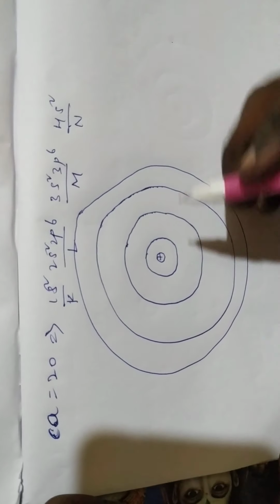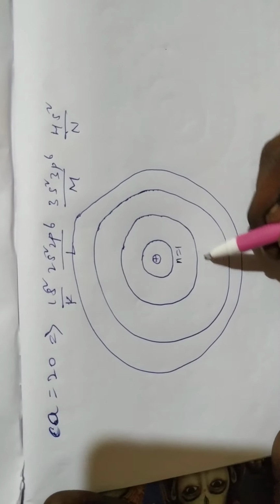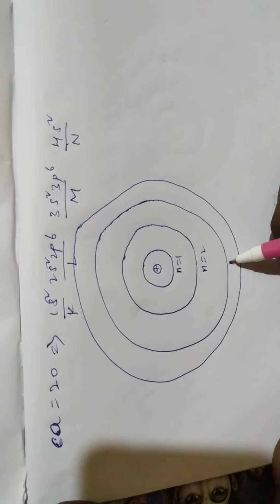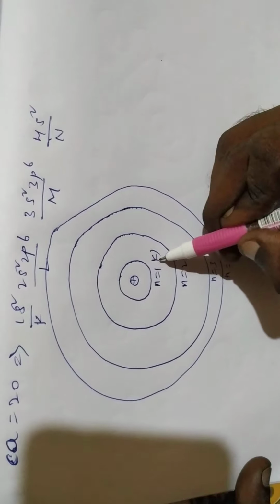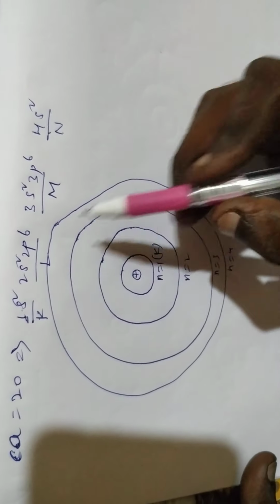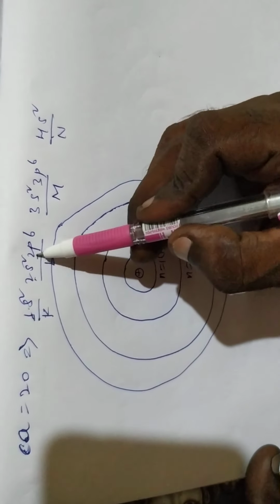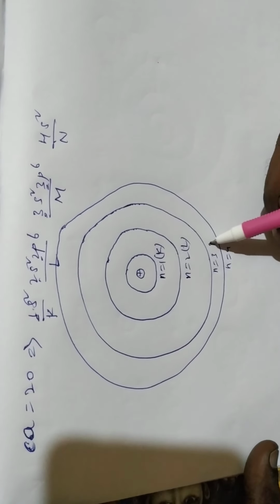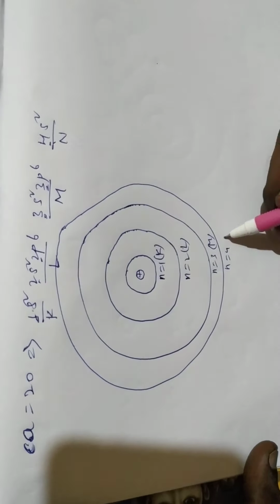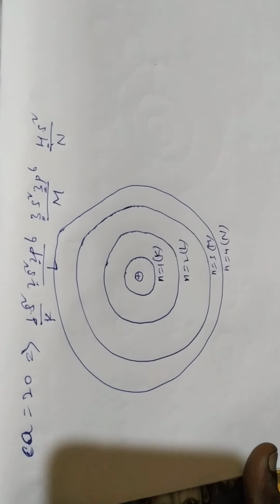N equals 1 is K shell, N equals 2 is L shell, N equals 3 is M shell, N equals 4 is N shell.